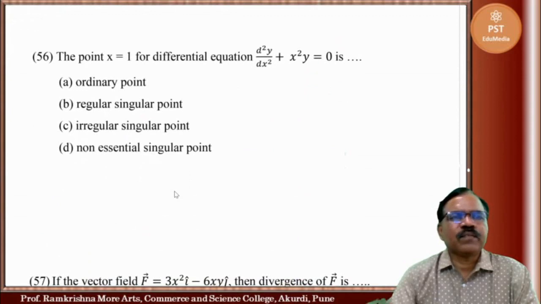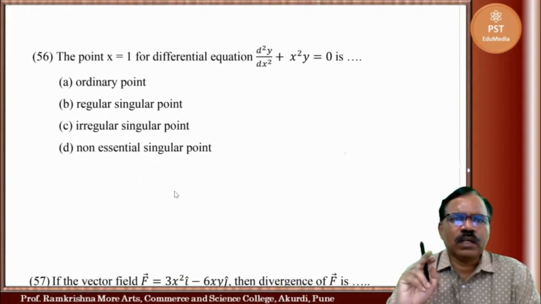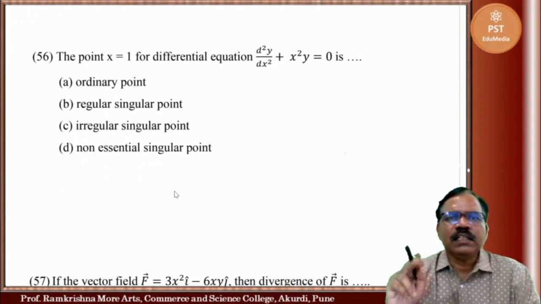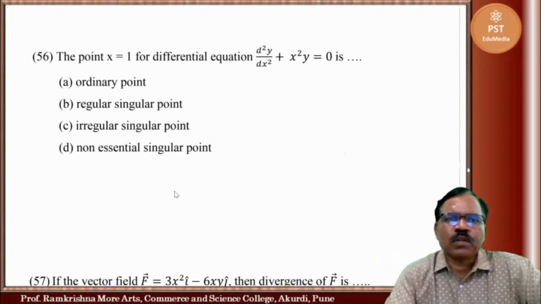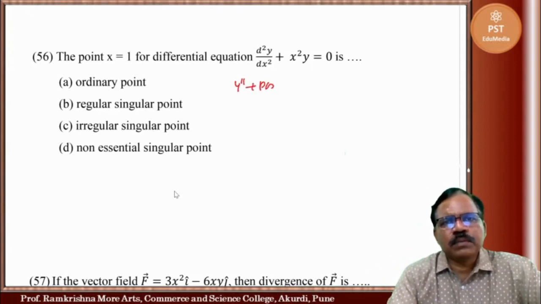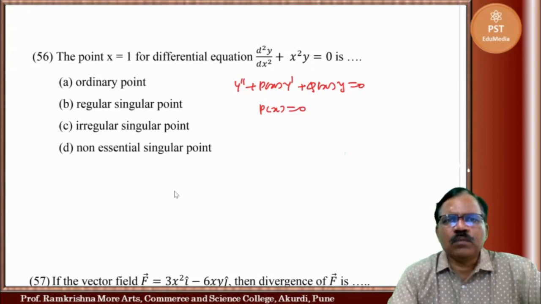Now next one, the point x is equal to 1 for the differential equation d2y by dx square plus x square y is equal to 0. Now if we take here y double dash plus p of x y dash plus q of x y is equal to 0, we get p of x is equal to 0 because there is no y dash term, and q of x is equal to x square.